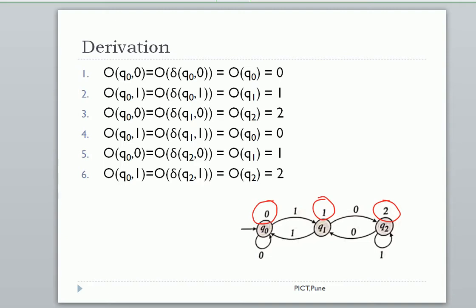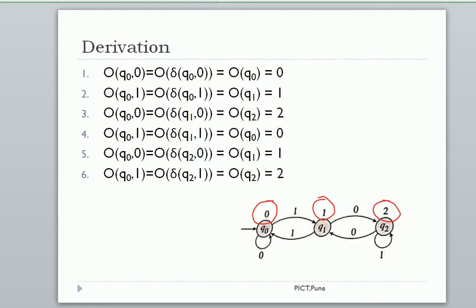Now, the delta transition function is given with the help of the transition graph. So we can define, for example, Q0 on 0 goes to Q0, on 1 it goes to Q1, and likewise. Now this is a Moore machine and I want to convert it into a Mealy machine. In the Mealy machine, output is associated with the state as well as the input alphabet.